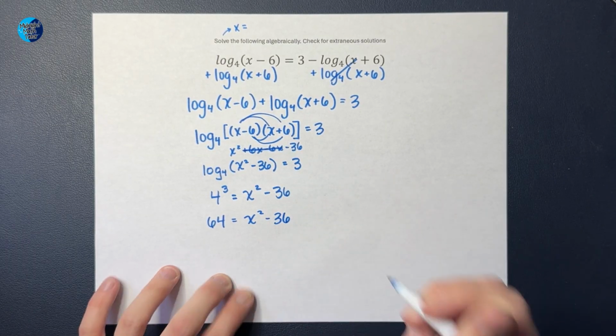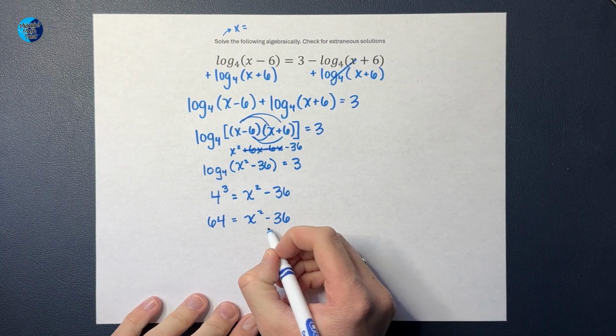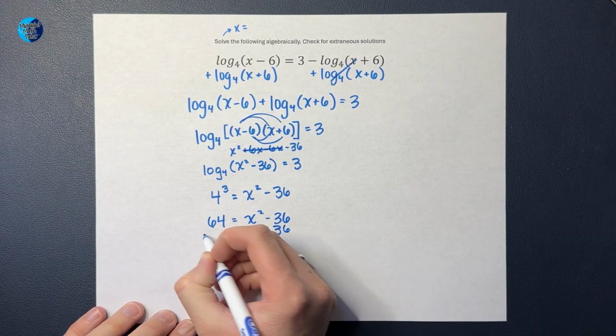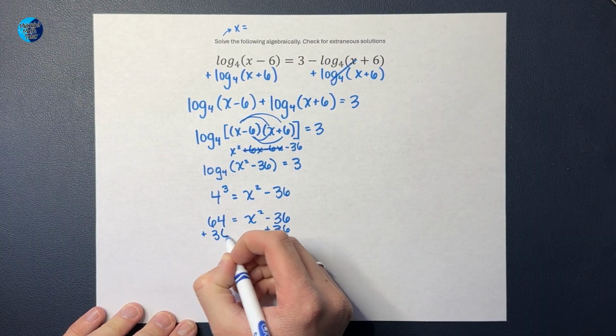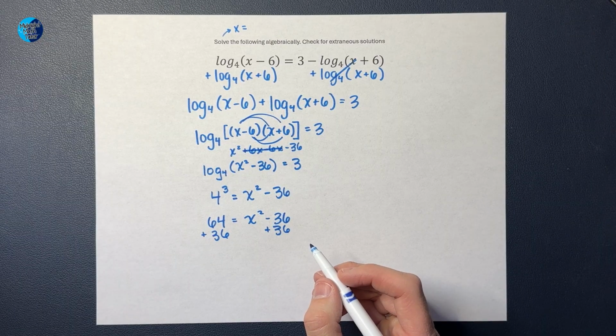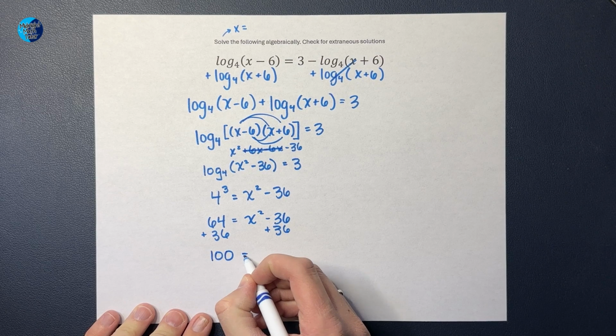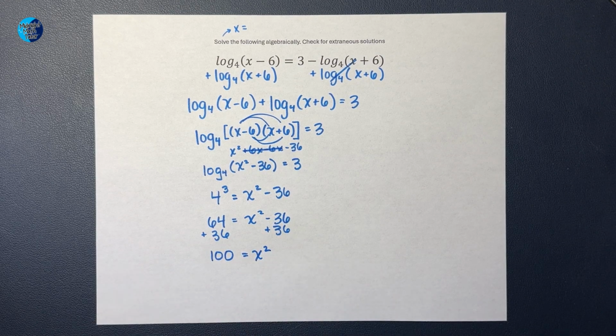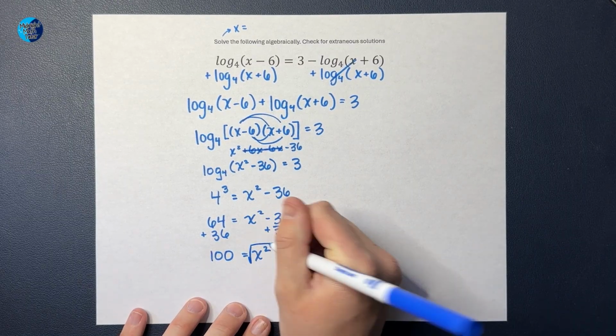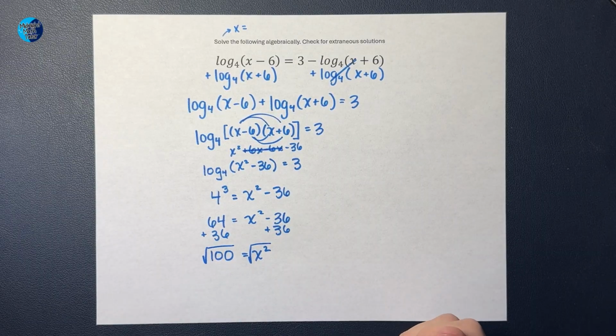This is looking a little less scary now, right? Now I'm going to add 36 to both sides. And I end up with 100 equals x squared. Great. Okay, I know what x squared equals, but I want to know what x equals. So I'm going to take the square root of both sides.